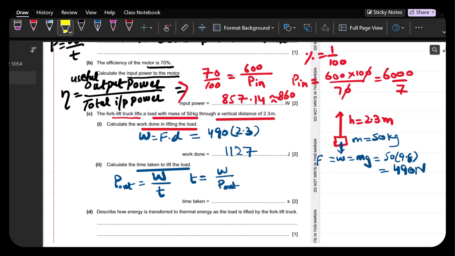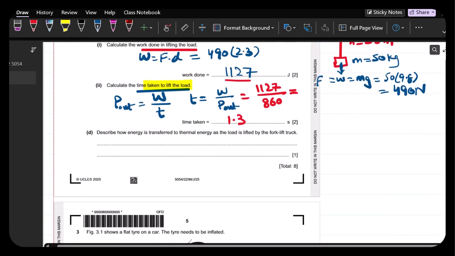Because of the time taken to lift the load. You have calculated work done, that is 1127, divided by 860. So you will get 1.3 seconds. Hope this is clear.